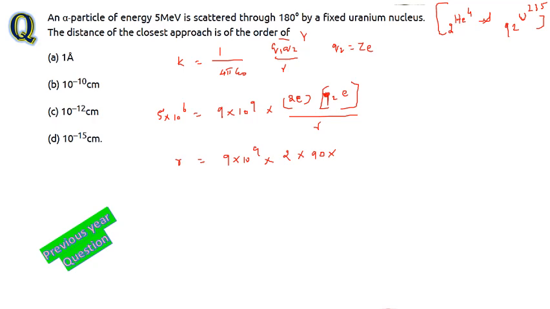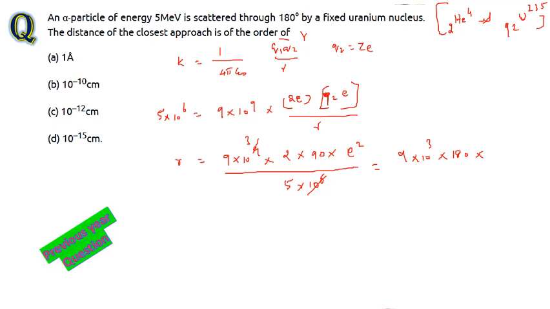And this e square here is charge square, divided by what they have given, the value here is 5 into 10 to the power 6. Now you just cancel 10 to the power 6, and this will become 3 here. Now here is 9 into 10 to the power 3, and 90 into 180 over here, and multiply with 1.6 into 1.6 into 10 to the power, e square, right?